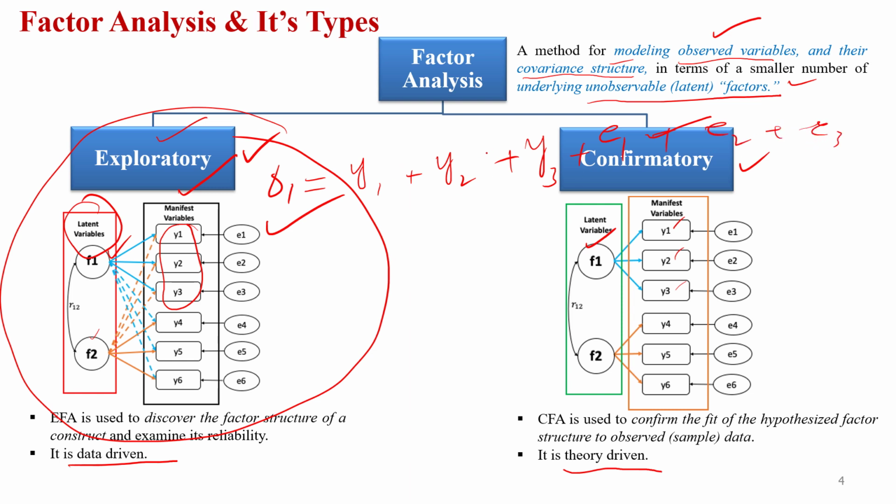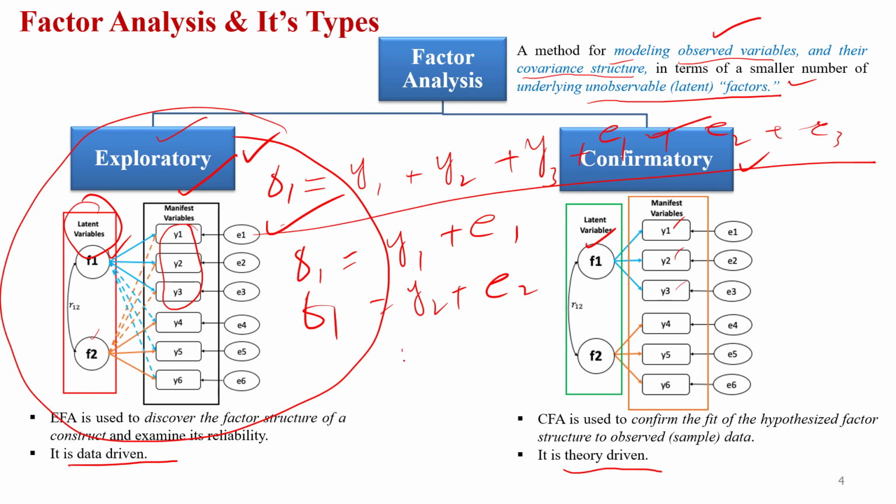But we normally do not write it in this linear perspective. We write f1 y1 plus e1, f1 y2 plus e2, and so on. So that means the higher the correlation, the better that variable is explained.